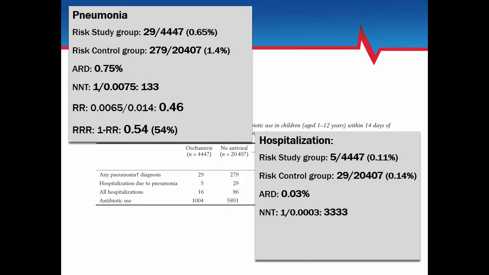So you need to treat more than 3,000 children with influenza with Tamiflu to prevent one hospitalization. But the relative risk is 0.79 and the relative risk reduction is 21%. So the 21% is what's going to make it to the paper, not that 0.03%.